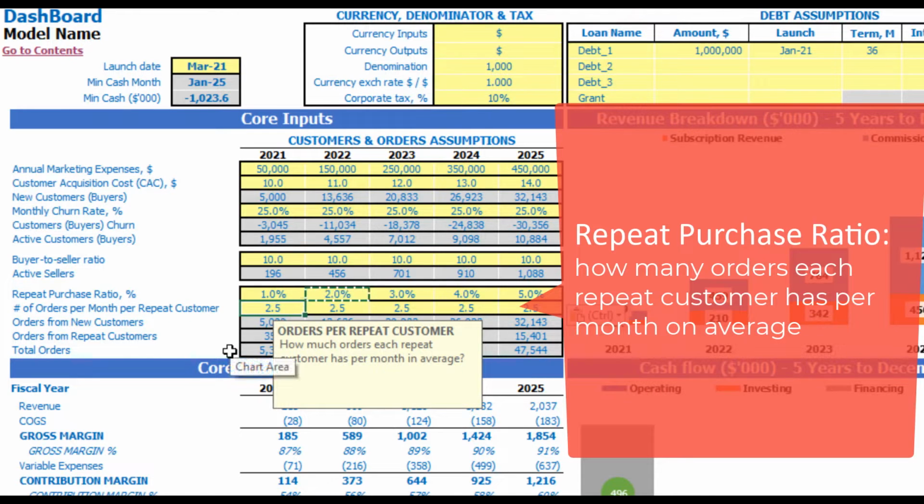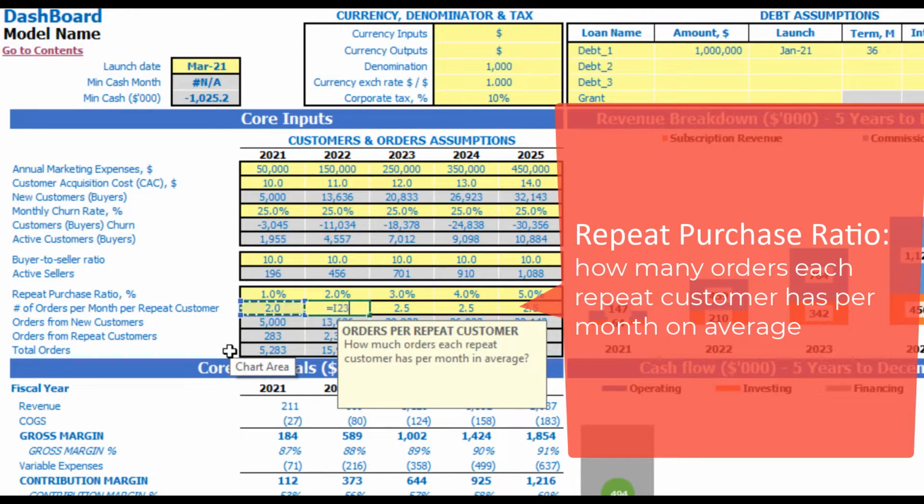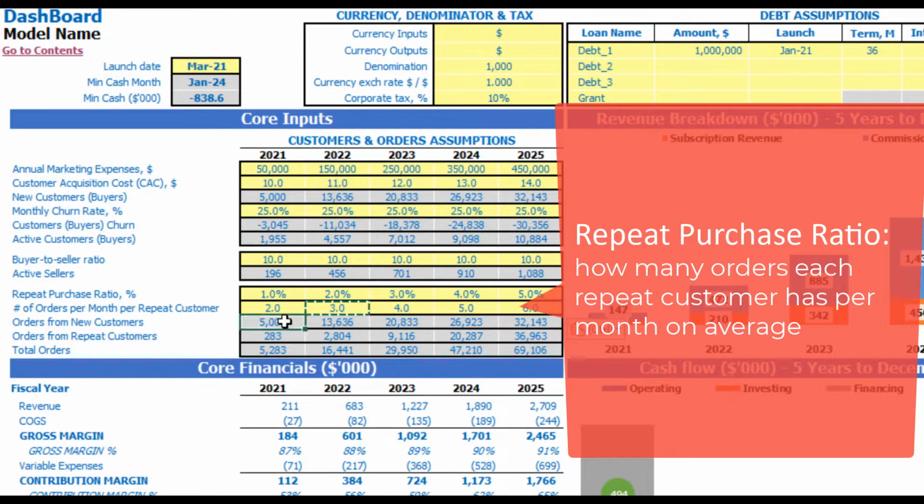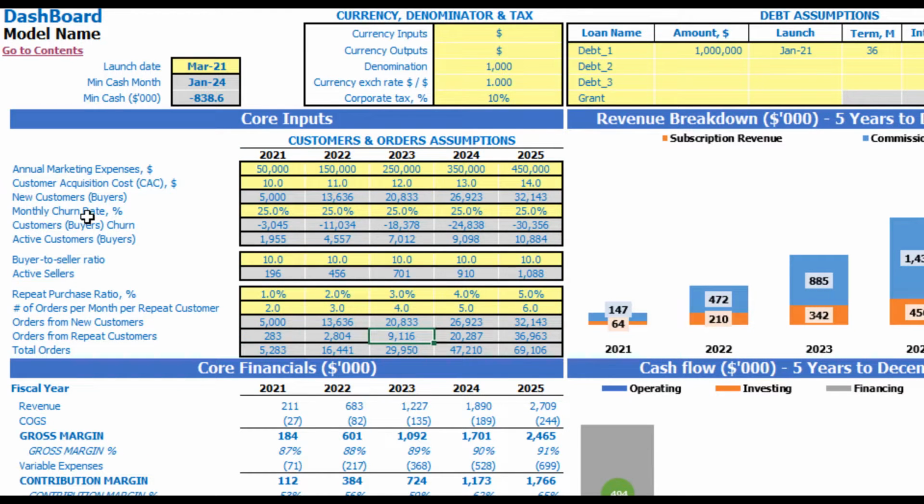It can be, for example, 2 plus 1 additional order each next year. So we have orders from new customers, which means that each new customer will make a new order, and orders from repeat customers. Some portion of the customers will repeat their orders on a monthly basis. And finally, we know how many orders we have from all the customers by months, and this number is total by years.